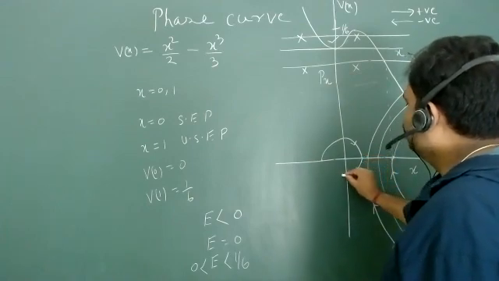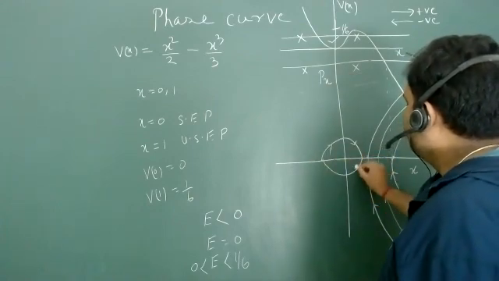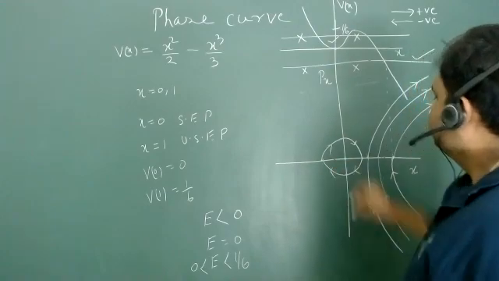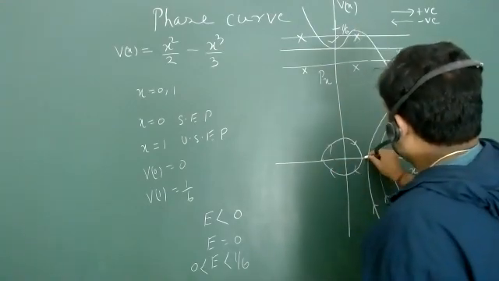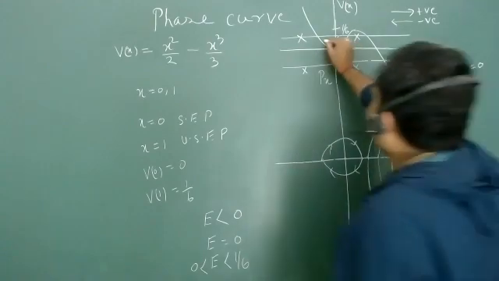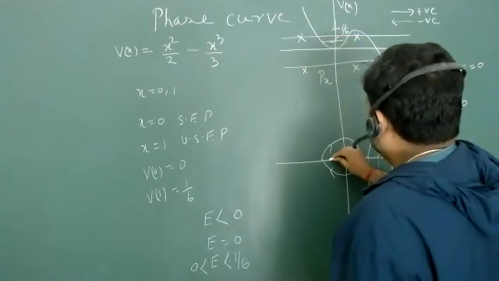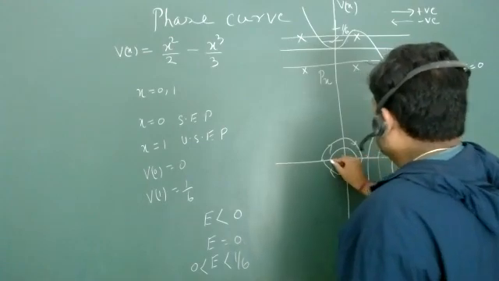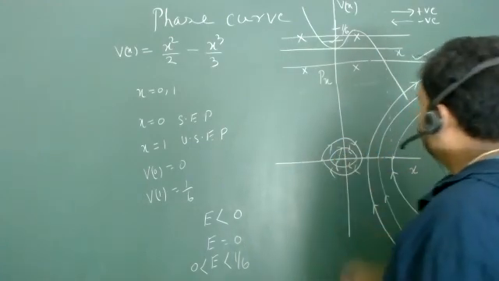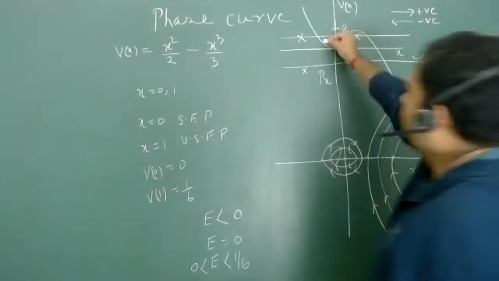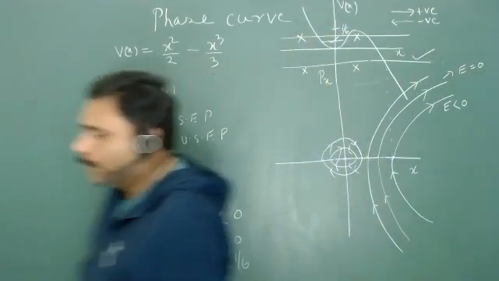So we will complete the circle. And this is 1/6. It has a special relevance. So anything like this, you have this kind of situation for this particular value. You have bounded motion, isn't it? You have bounded motion in this valley. So are you going to appreciate this one?